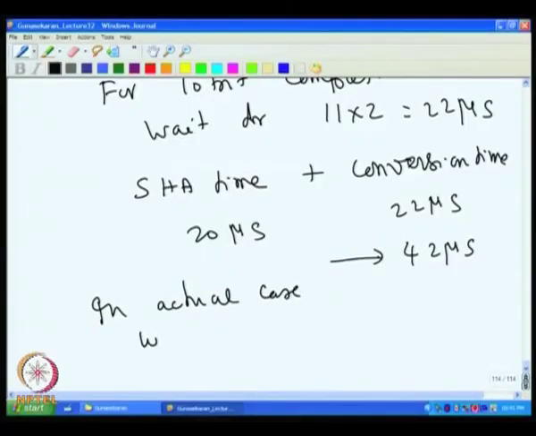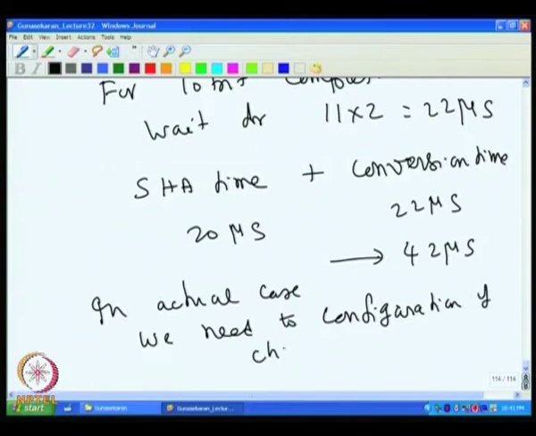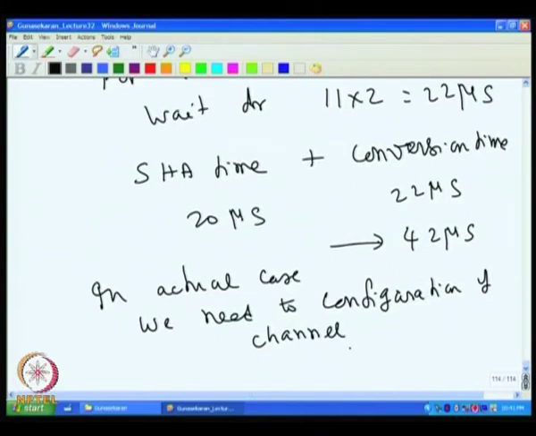In the actual case, we need to configure the channels, that is channel selection, then input output selection and so on. There are various other instructions to be executed, which run up to 10 instructions. So, all put together you may end up around 52 microsecond.